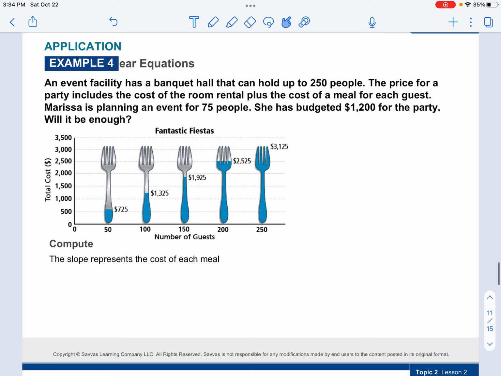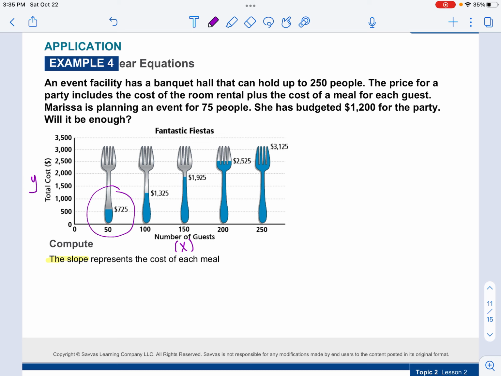So the first thing I'm going to do is calculate the slope, which is going to represent the cost of each meal based on number of guests, of course. So x represents our number of guests, and y is going to represent the total cost. So I am going to choose two ordered pairs.